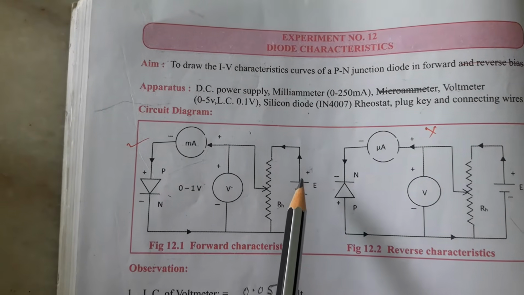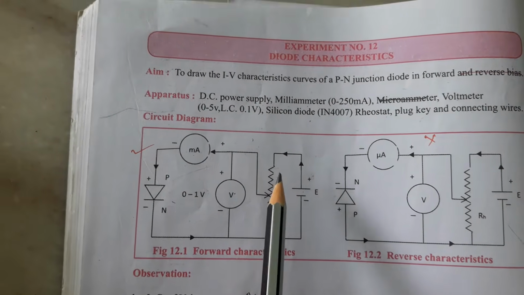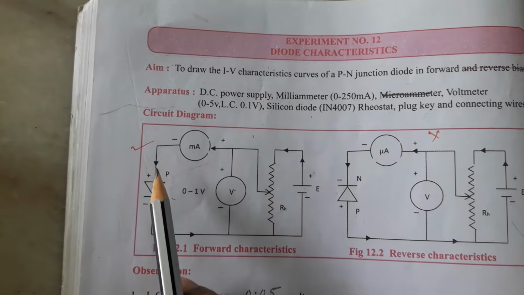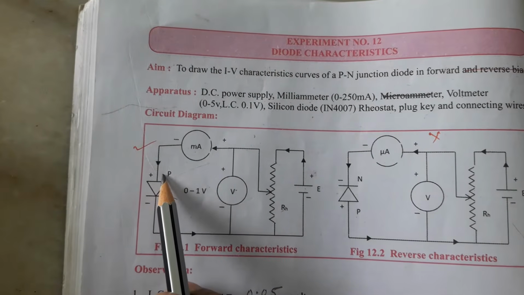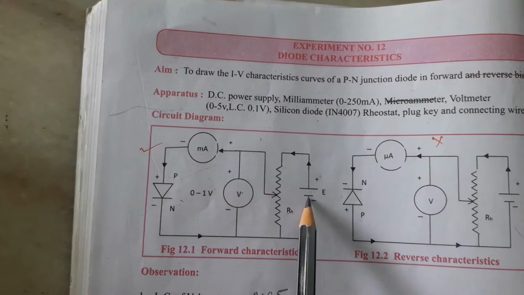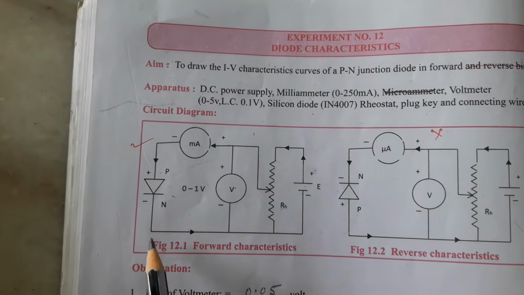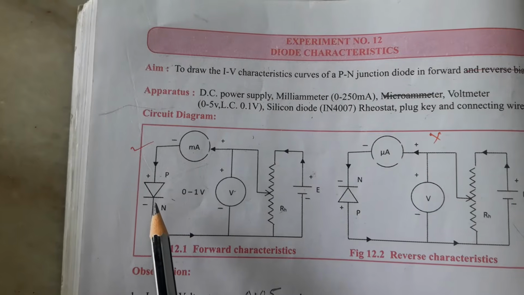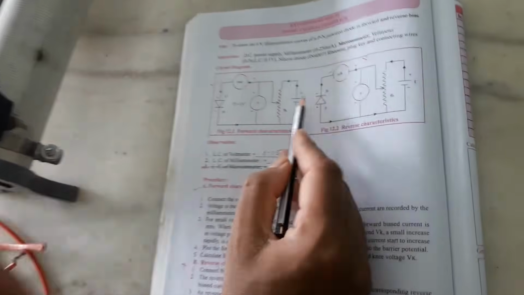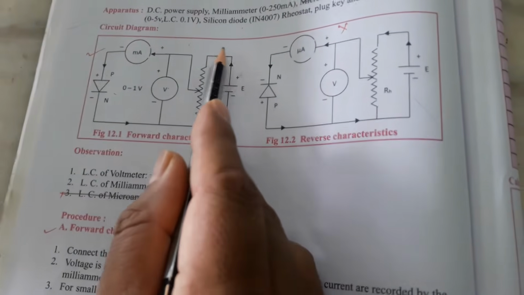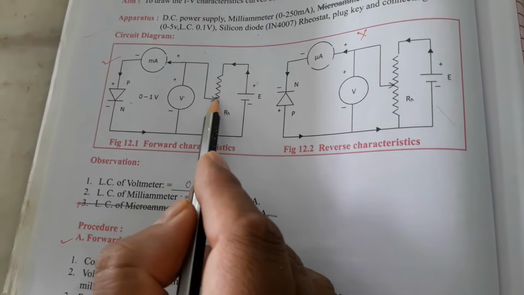If you see this diagram, the positive of the battery we are connecting to the P type semiconductor, that is the positive of the PN junction diode, and the negative of the battery is connected to the N type semiconductor, that is the negative of the PN junction diode. Now, the positive of the battery we are connecting to the rheostat.